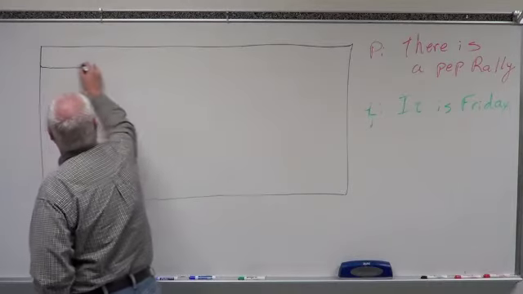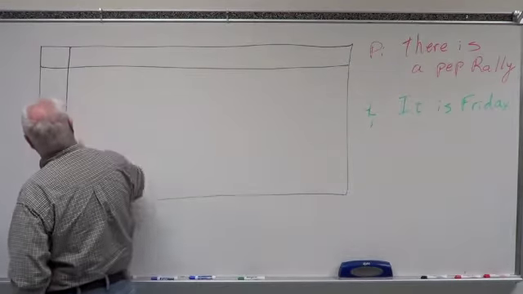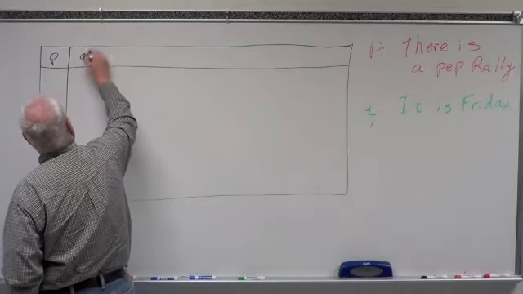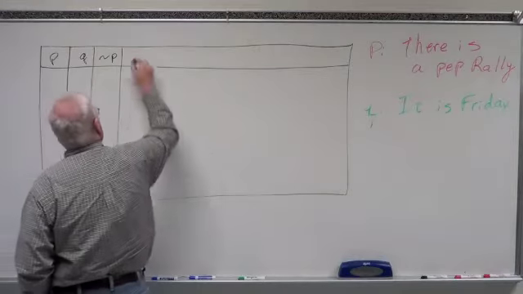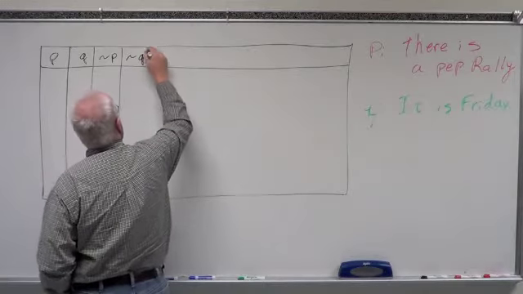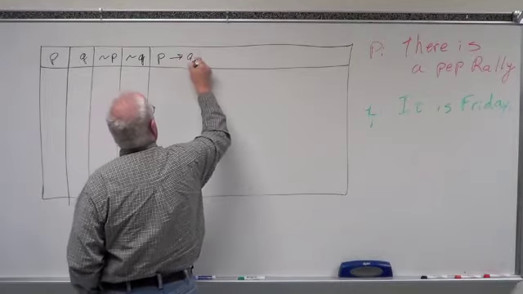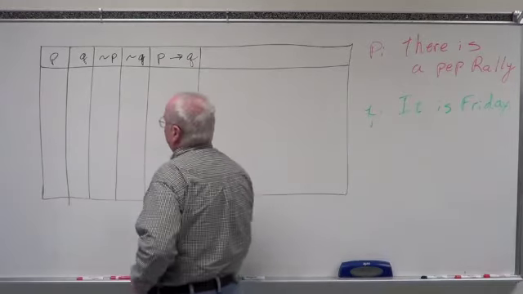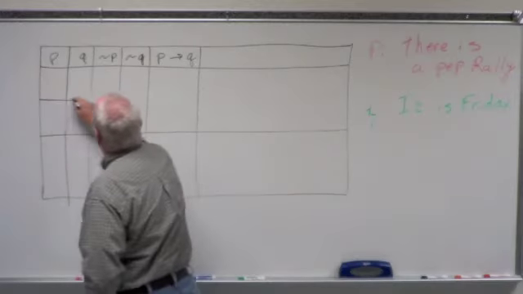Put this up here like so. We're going to put our P up. We're going to put our Q up. We're going to negate the P. We're going to negate the Q. We're going to have our P, then Q, then we're going to have some other things.